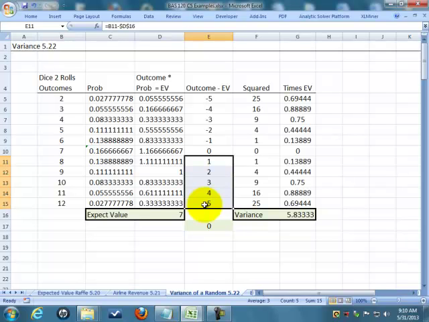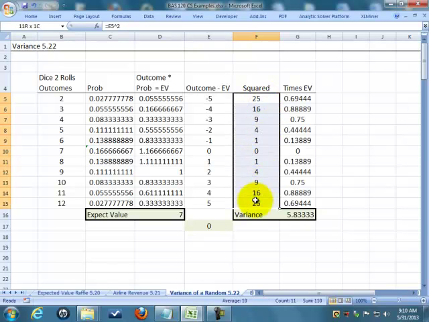We can't say the variance is 0, because certainly we've got values that vary from the expected value. So mathematically, what we do to get around that is we square these differences. And remember, by squaring a number, we make them all positive numbers.